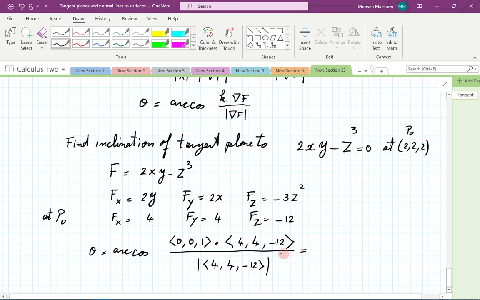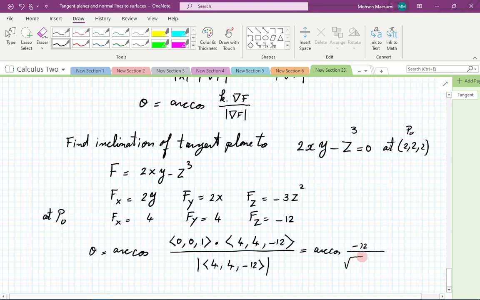As simple as that. So this becomes arc cosine of, in the numerator, it's very easy. When you multiply, it's just Fz, minus 12, divided by, well, what's the length of this one?